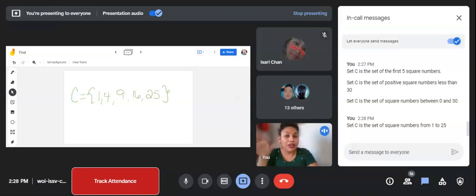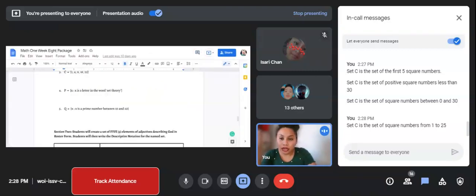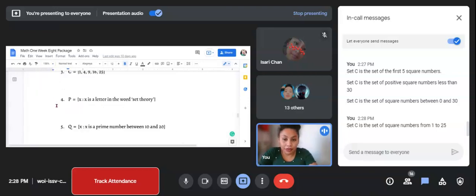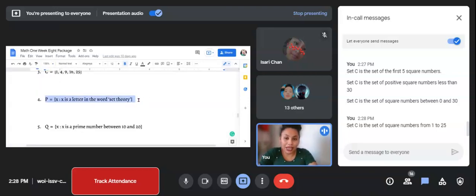Okay, now take a look at number 4. Let me share this one. It says P is equal to the elements X, where X is a letter in the word set theory. How am I going to write that in descriptive form?